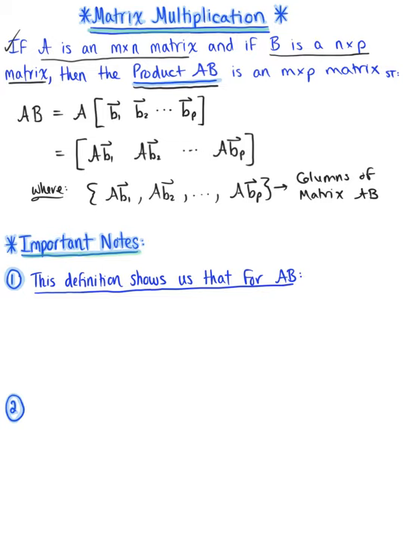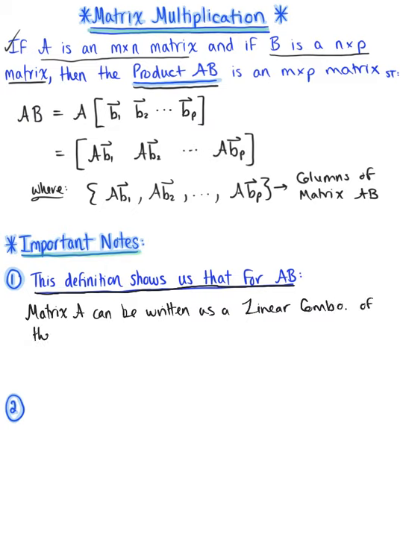So the first one is that this definition is showing us that for the product of matrices, matrix A times matrix B, the product can be written as a linear combination of the columns of matrix A. So we can observe from the definition that the product can be written as a linear combination of the columns of matrix A. And I'll abbreviate that as linear combo of the columns.